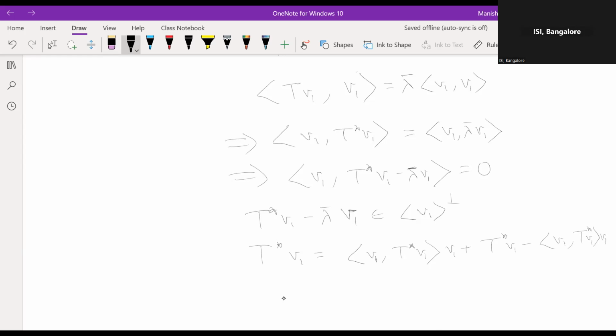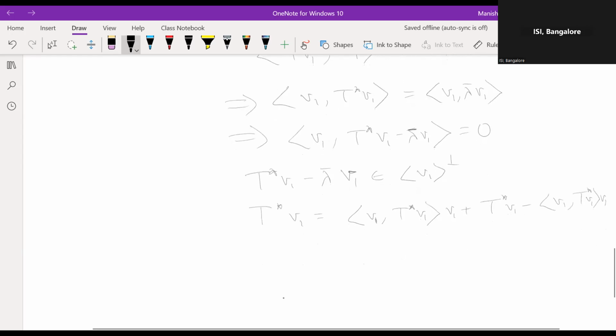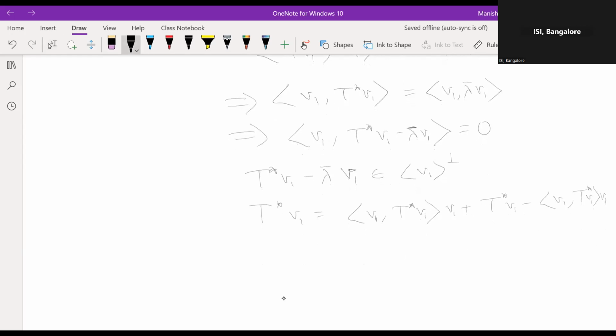I'm just rewriting T star V1 as adding this and subtracting this, doing nothing in a sense. This vector is orthogonal to this, that we know. But this I have already seen, so maybe one should prove it directly.